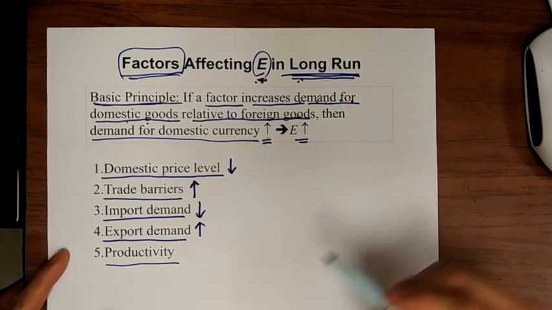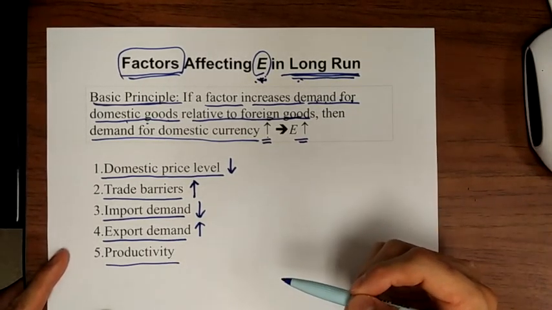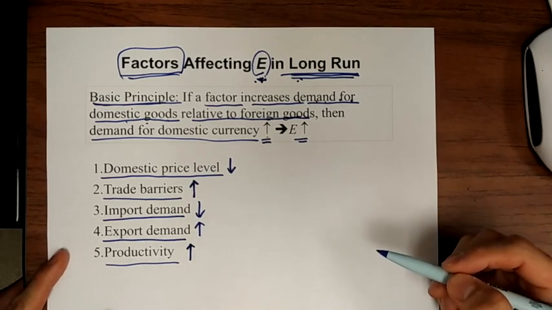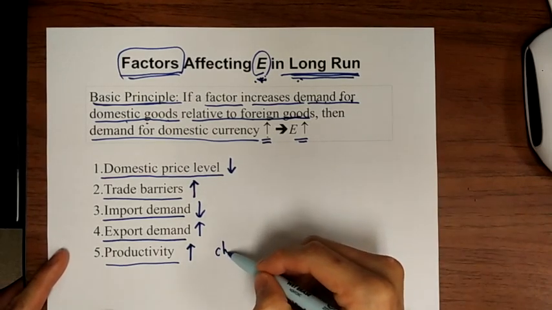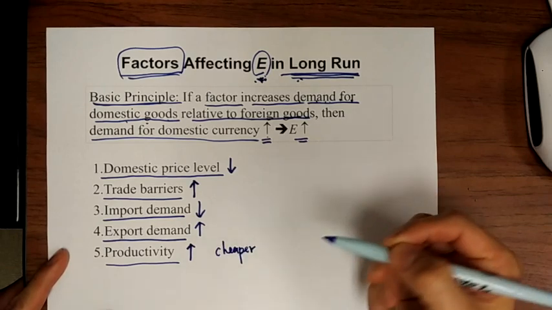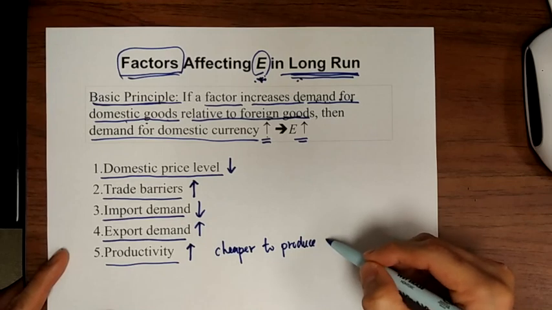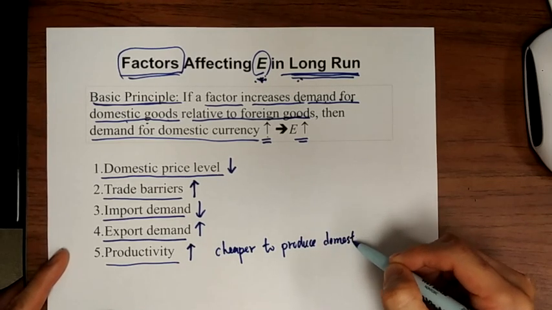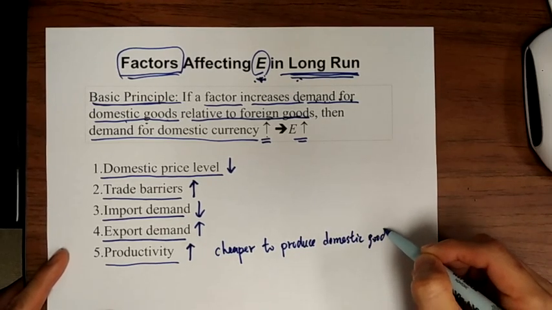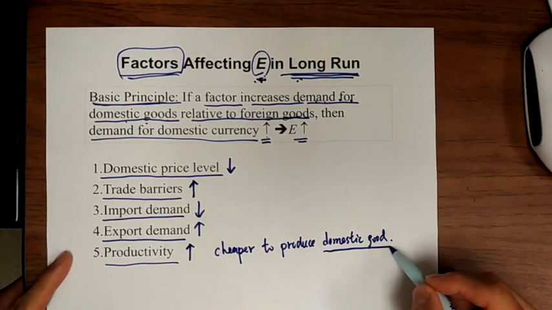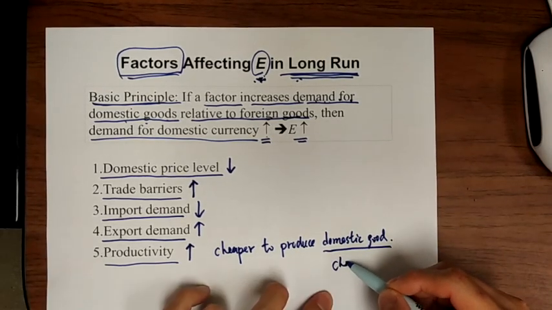Productivity. When the domestic productivity is higher, that means it's cheaper to produce domestic goods. Therefore, domestic goods is cheaper.